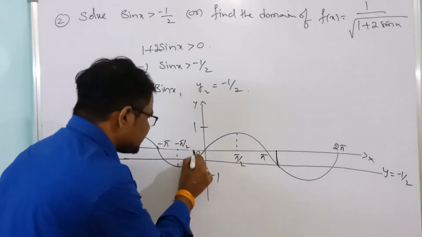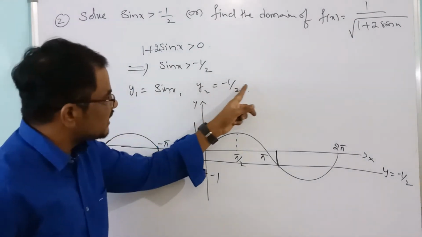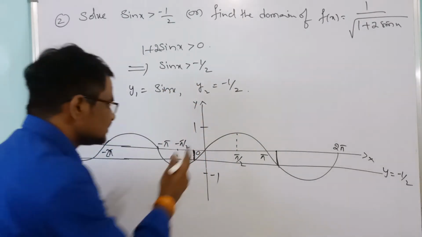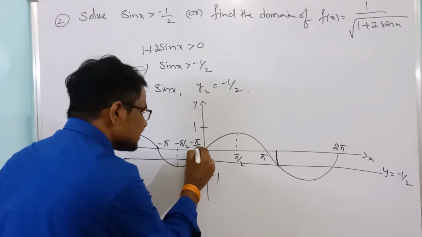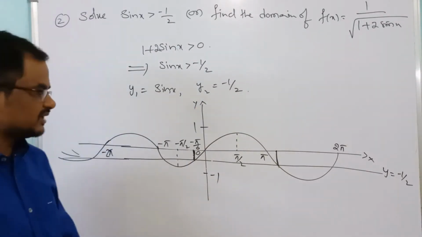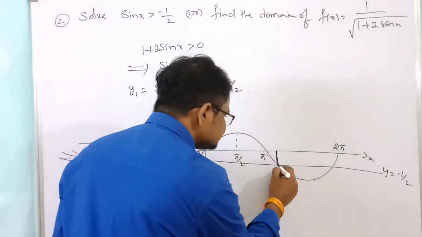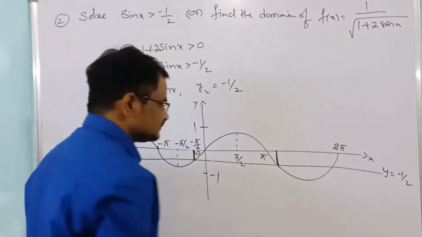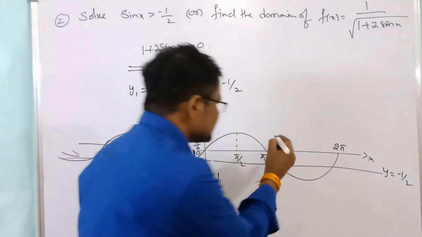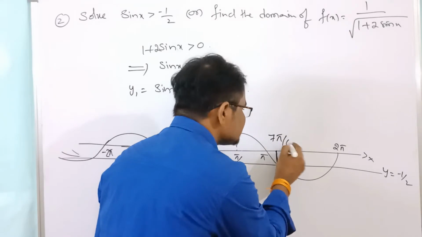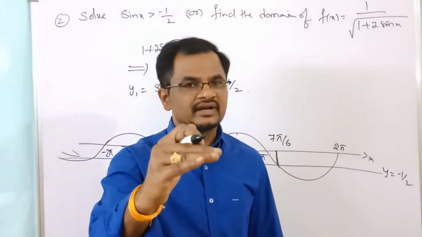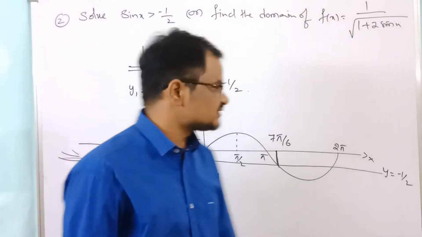But what is the point here? Here minus 1 by 2 and sin x. Observe these two. So this is minus pi by 6 only, no? Because sin of minus pi by 6 equal to minus 1 by 2. And here after pi, because from here to here sin is positive only, so 210 degrees means 7 pi by 6. 210 is 180 plus 30, third quadrant, minus sin 30, minus 1 by 2.